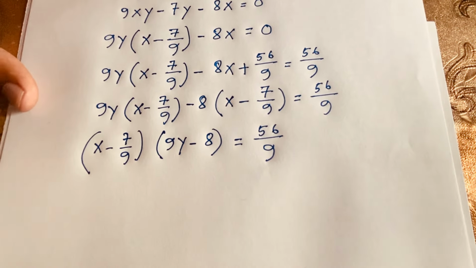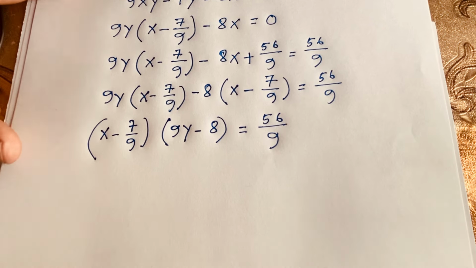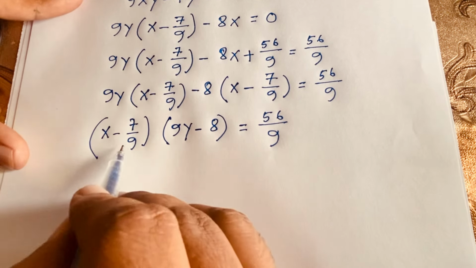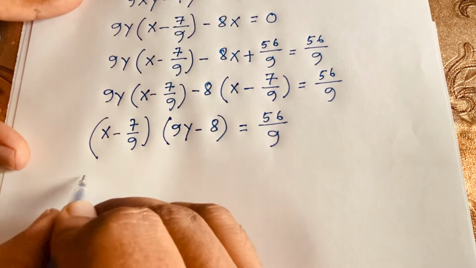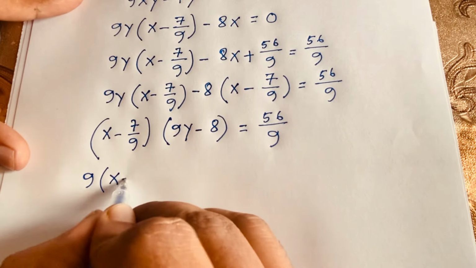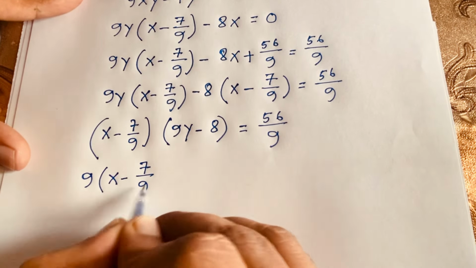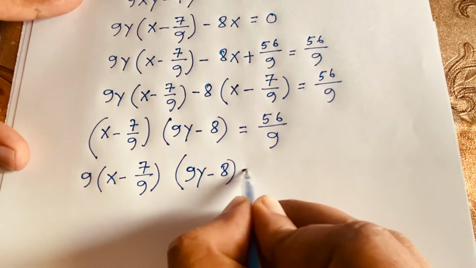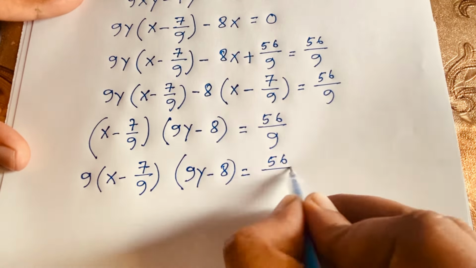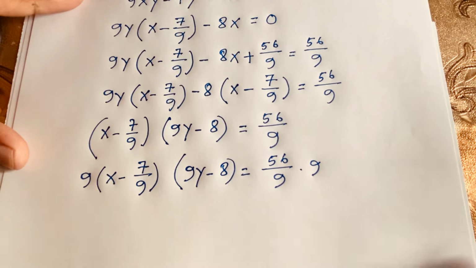So okay, now at this moment you can see easily here is x minus 7 over 9, but here is 9, so I multiply both sides by 9, so 9x minus 7 over 9 times 9y minus 8 is equal to 56 over 9 times 9.